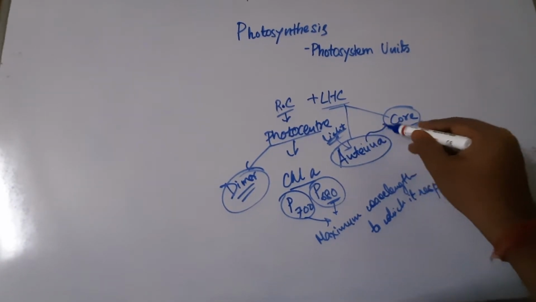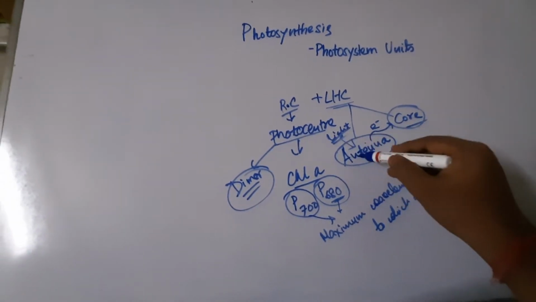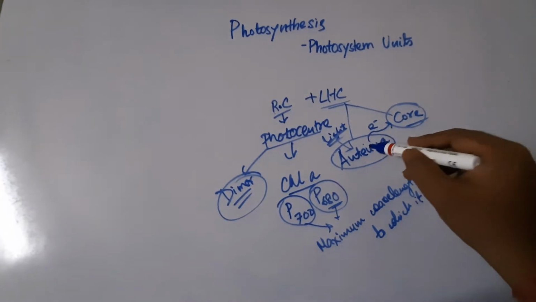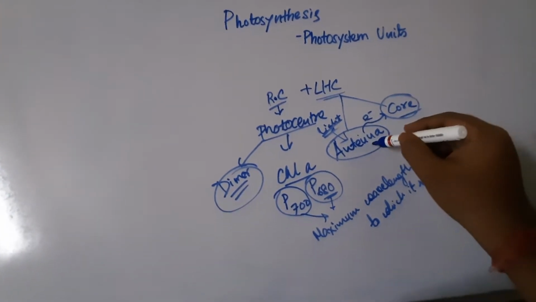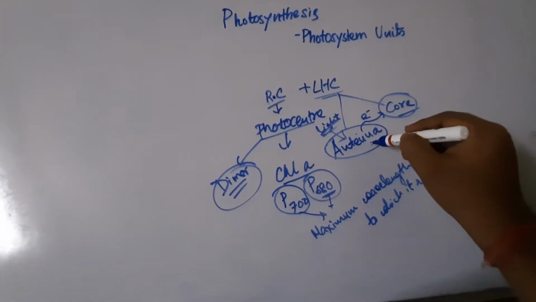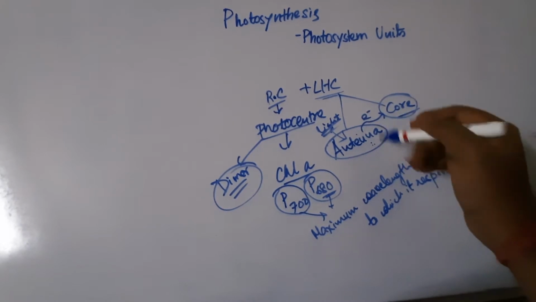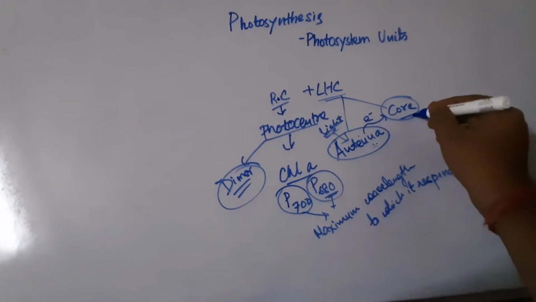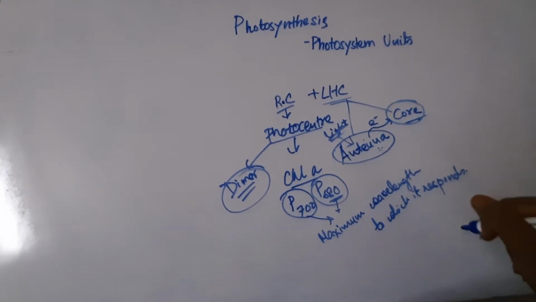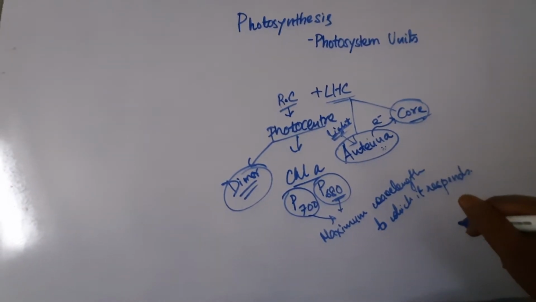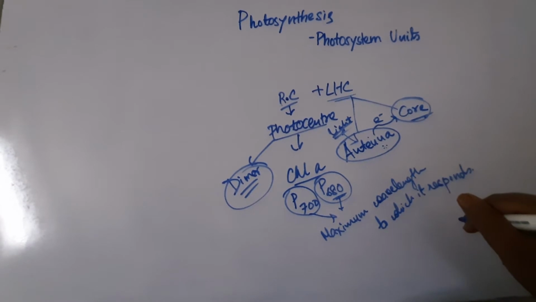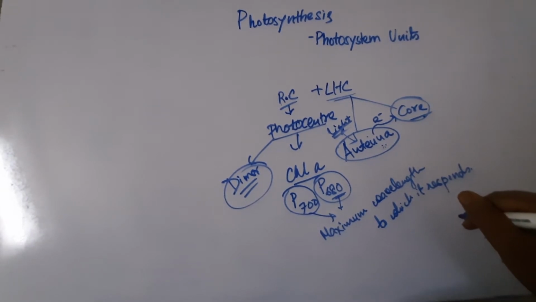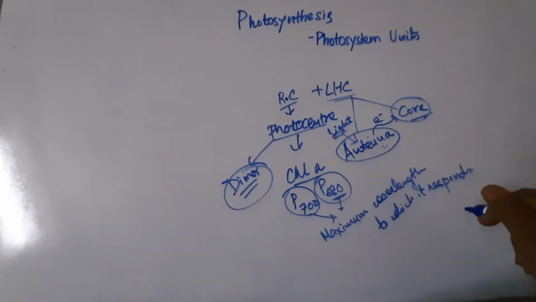The antenna molecule gives away the electron and itself comes to the ground state. Now the core has got excited. On absorption of energy, the photocenter gets excited and extrudes the electron, after which it comes to the ground state, and this repeats the cycle.